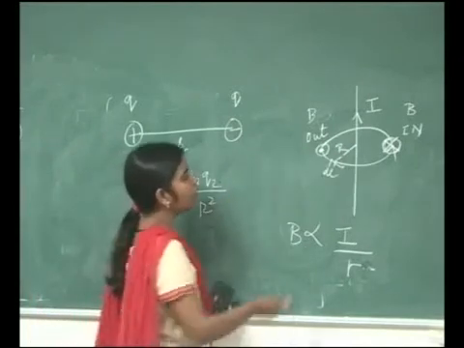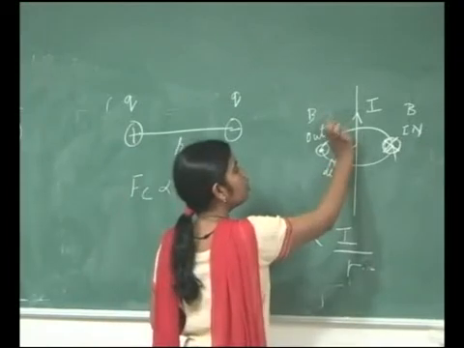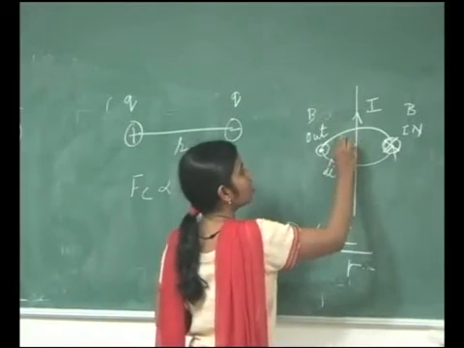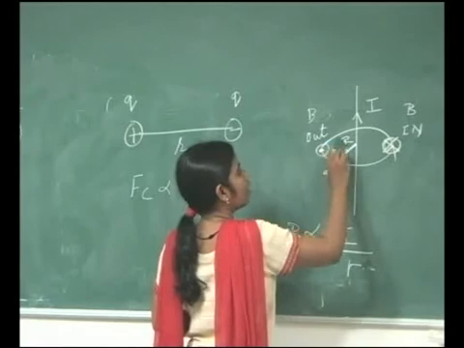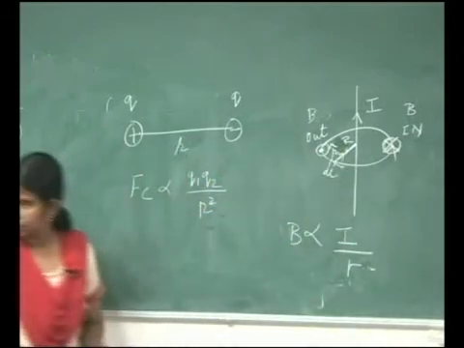So, what I do here, I assume a small unit vector along this direction, r cap. Okay.